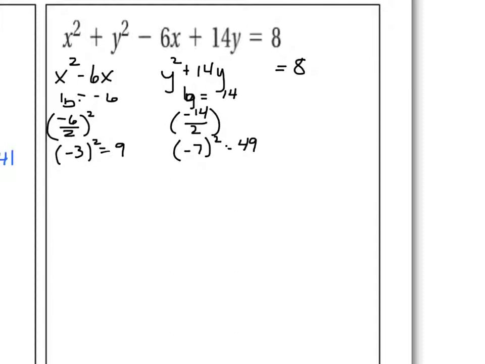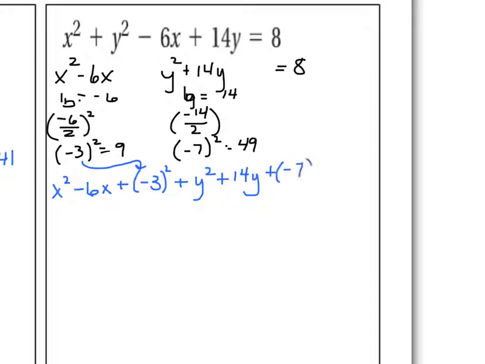Okay, so again, I've got x squared minus 6x plus negative 3 squared. Plus y squared plus 14y and plus 7 squared equals 8. But again, I added 9 and 49 to the left side.